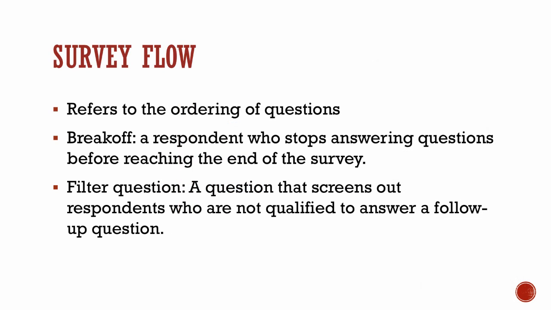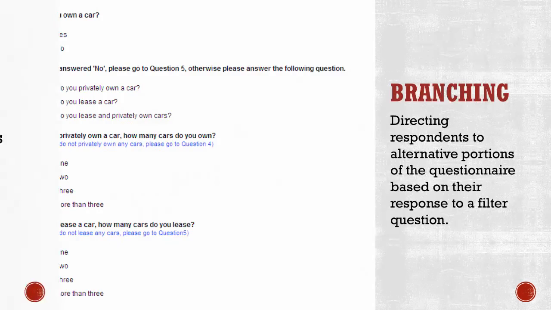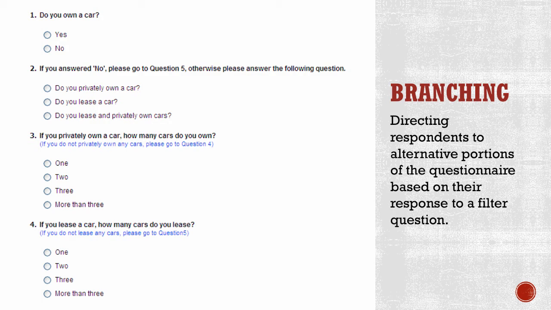Survey flow refers to the ordering of questions through a survey. Some surveys involve branching that takes respondents to different parts of the questionnaire based on a response to a specific question. Branching is implemented by having respondents who do not qualify based on a filter question skip questions that a qualified respondent answers.